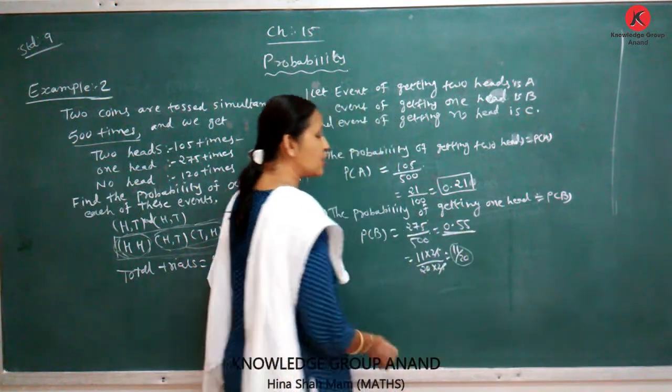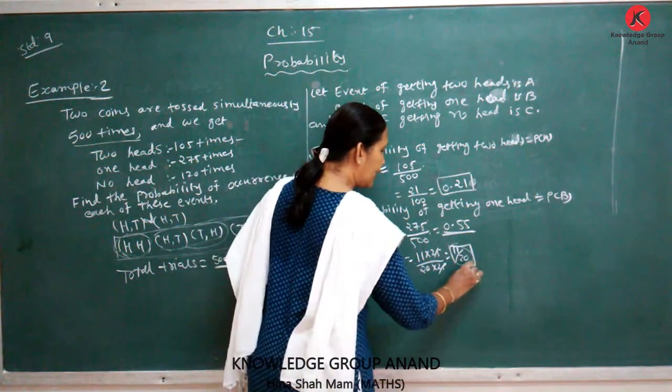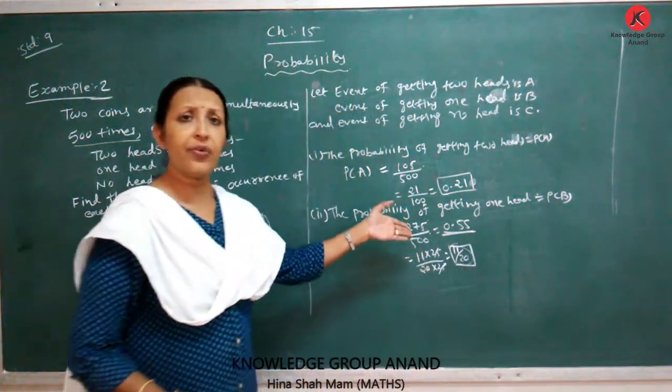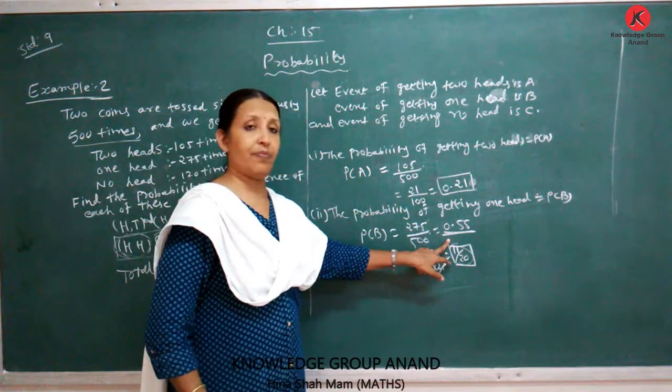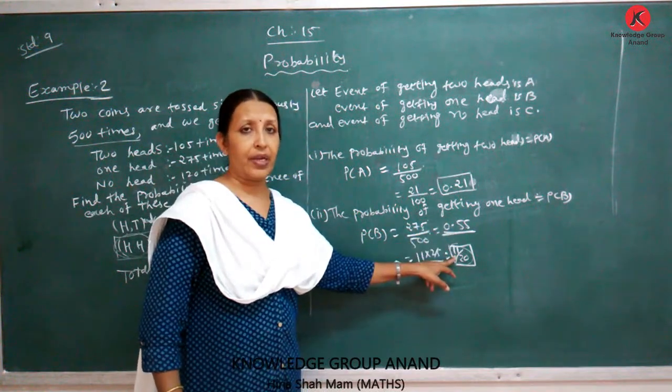This answer is 0.55 or 11 upon 20. Both values are the same, you can write either value.